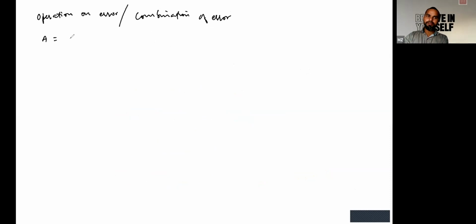Suppose if you have input as a plus minus delta a, so first part in this observation would be true value, and after plus minus in terms of delta, it would be error related to that measurement. Similarly, b is equal to b plus minus delta b, and r is equal to r plus minus delta r will be final result.